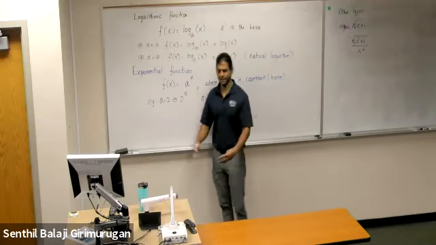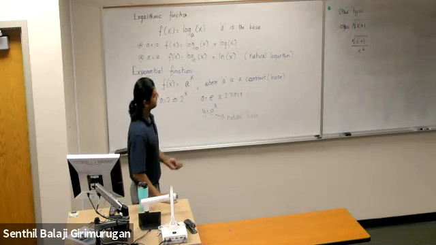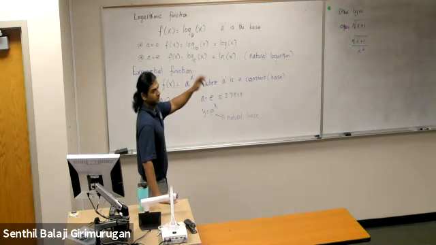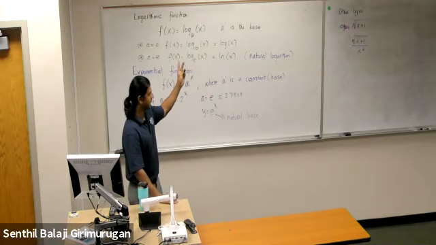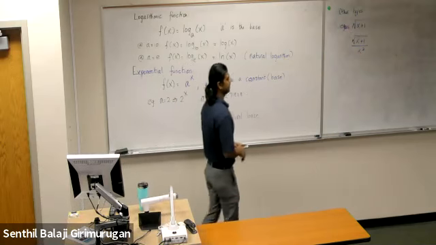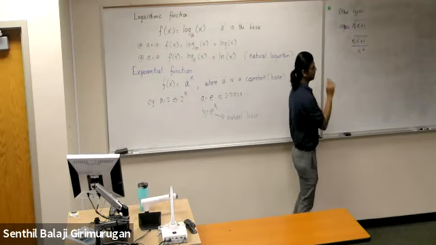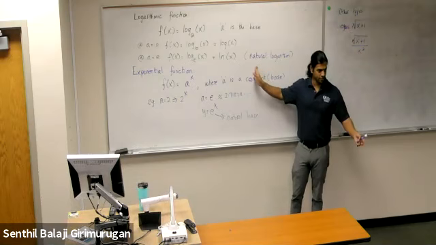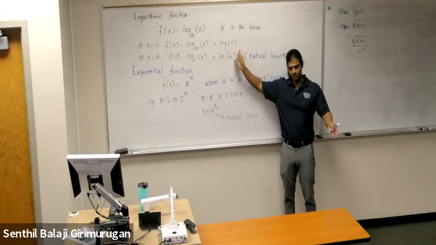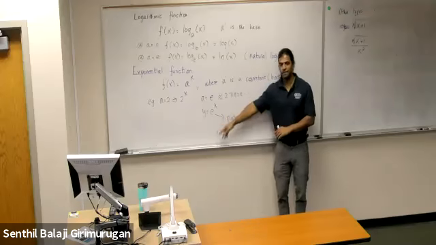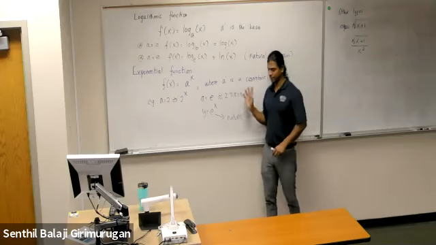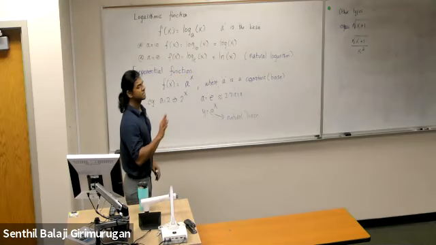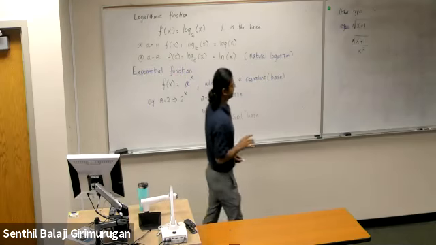So all of these are different types of models, but in algebra, you probably tried a whole bunch of things with every single type of function. But here, you just have to know the properties. For instance, this is called a natural logarithm. That's a regular logarithm. That E means a special number, 2.71828. And that is the natural base. Those are the things that you have to know.